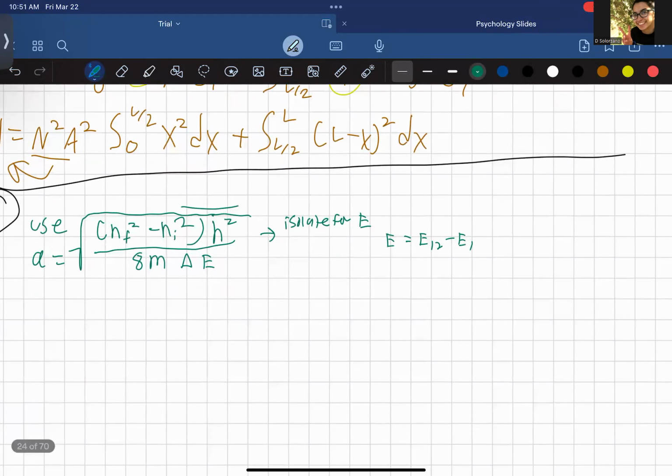So first things first, we're gonna square to get rid of that square root, which is gonna give us little a squared is equal to nf squared minus ni squared h squared.